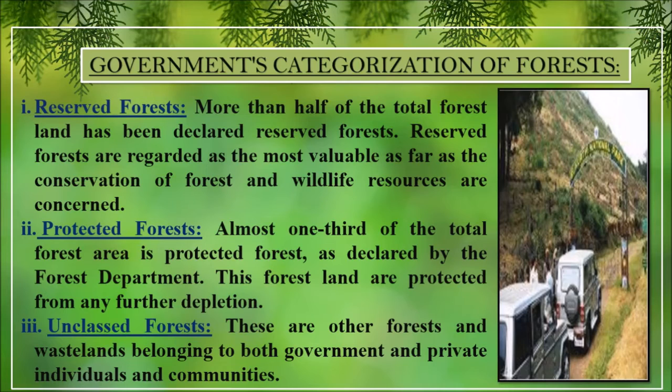Now, reserved forests are those which cover nearly 50% of the area, and they are considered most valuable in terms of preservation of the forest and wildlife. Protected forests are those which are protected from any further depletion.